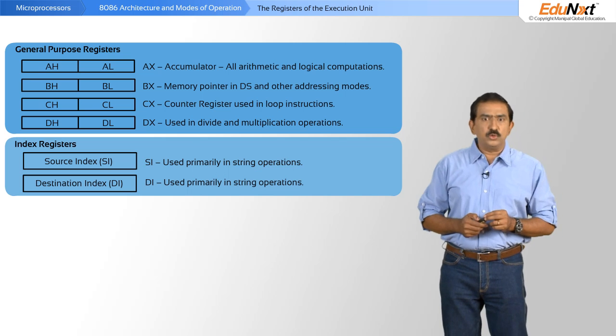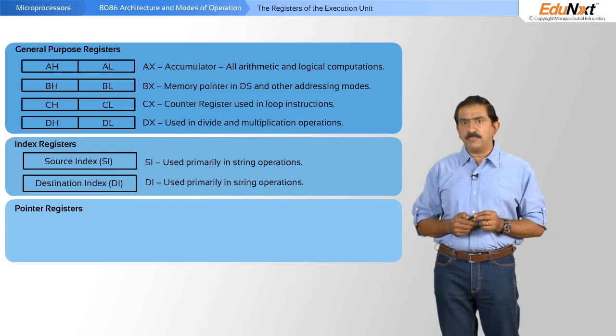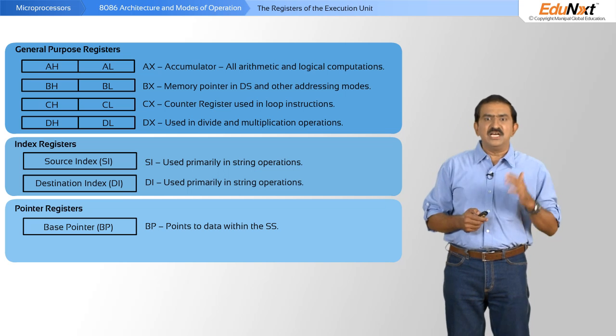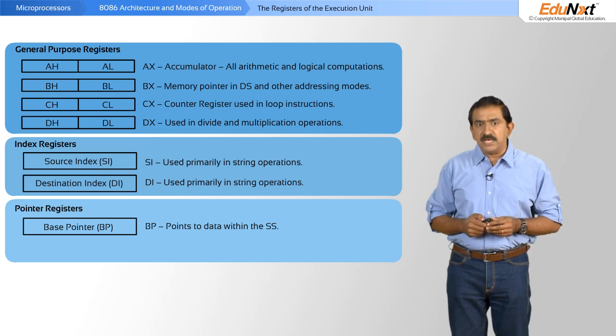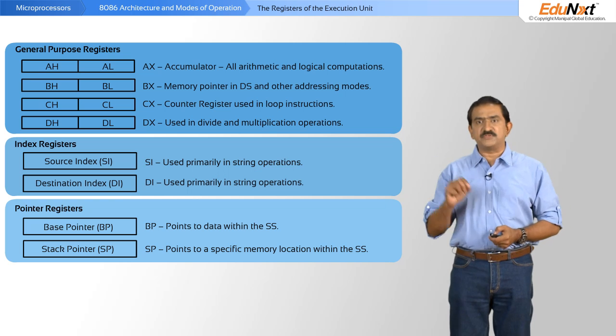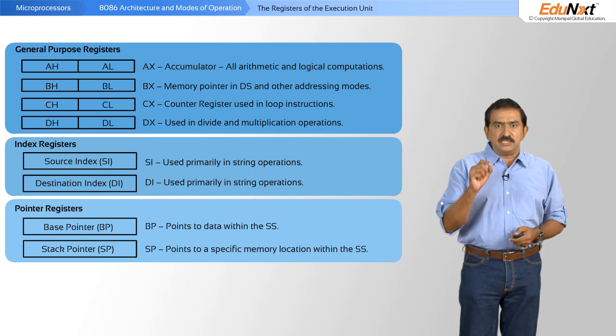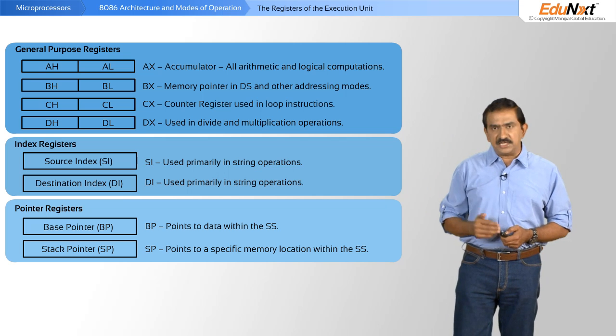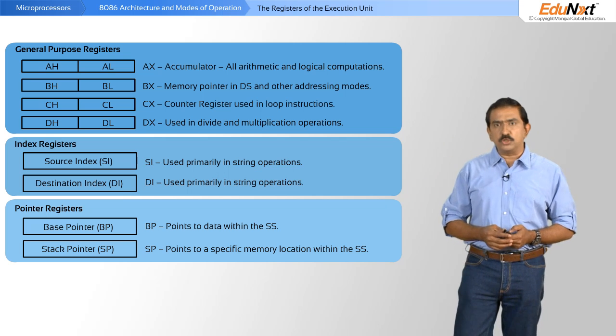On top of this, you have something called the pointer registers. One is the base pointer, and this is pointing to data within the stack segment. The other one is the stack pointer. So the stack pointer points to the top of stack, whereas the base pointer points to a location within the stack that contains data that the program wants to use.